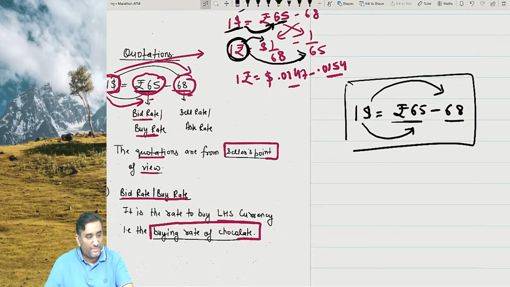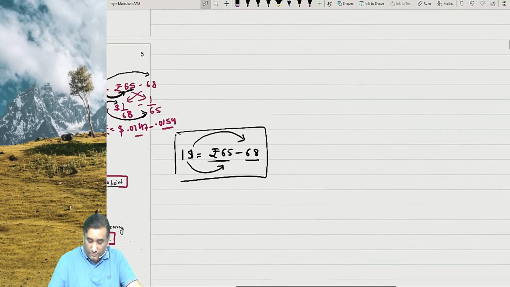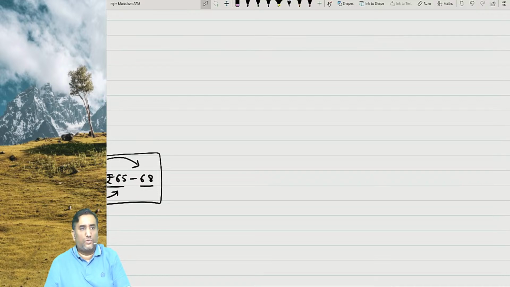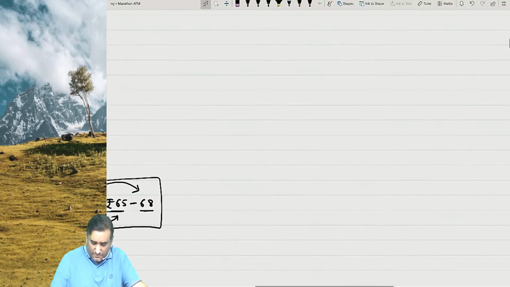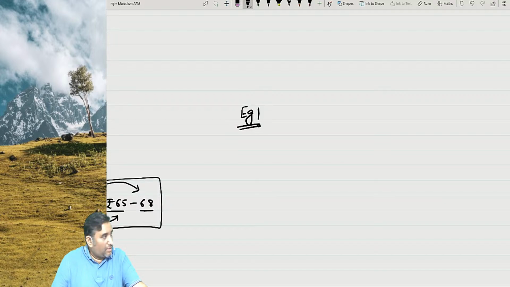Now I'll take up some examples. Let's put down example 1. How do we decide what to keep on what side? Example 1: $1 is equal to rupees 60.